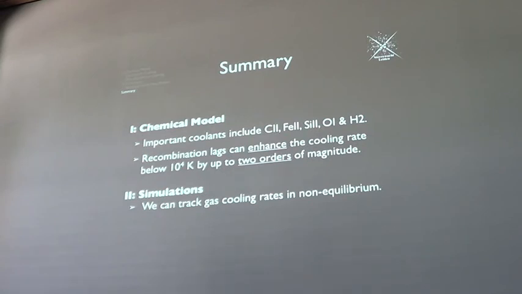The parameter is the neutral H1 ionization rate from cosmic rays, based on various observations. The one that we use is the Williams 1998 value of about 2.5 times 10 to the minus 17. And then for the other species, they're scaled to the H1 rate.